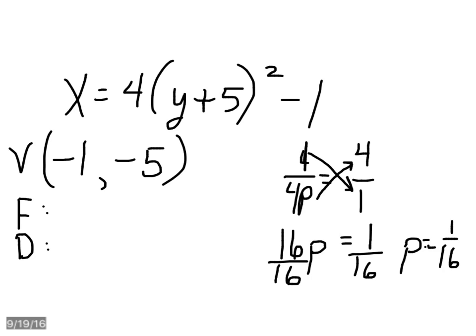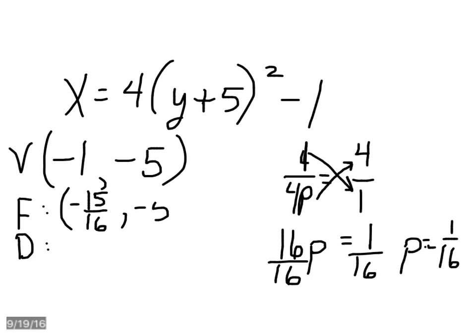How do you add and subtract fractions with whole numbers? Got to get a common denominator. What would be a common denominator for 1 and 16? 16. So that negative 1 is really negative 16 sixteenths. Negative 16 sixteenths plus 1 sixteenth is how many sixteenths? Negative 15 sixteenths.